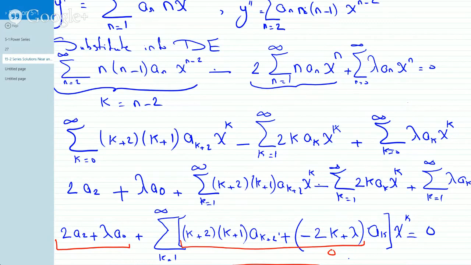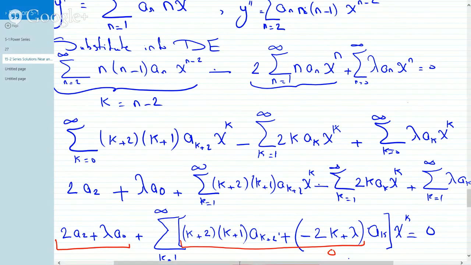All right. And then the next step, watch. After you do that substitution, you leave those k as is. You run into another issue, which is the middle one starts at 1, and the ones on the sides start at 0.